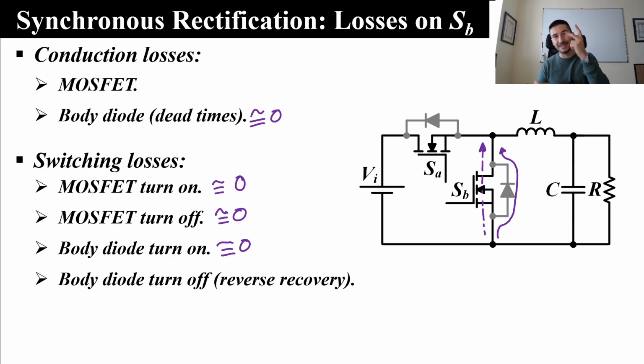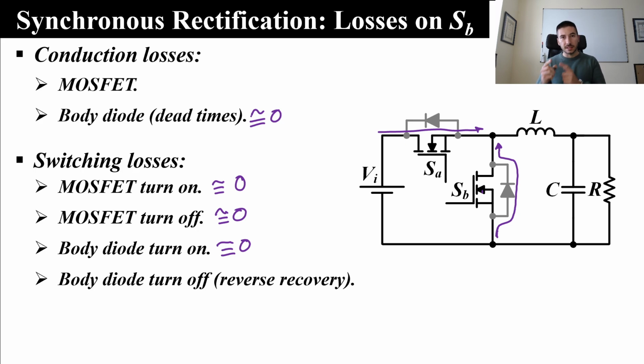What about the second turn off of that diode? The second turn off of the body diode takes place at the end of the switching period. It is at the end of the second dead time, and in that situation the current was flowing through the body diode, and after the change the current flows through the channel of the main switch.